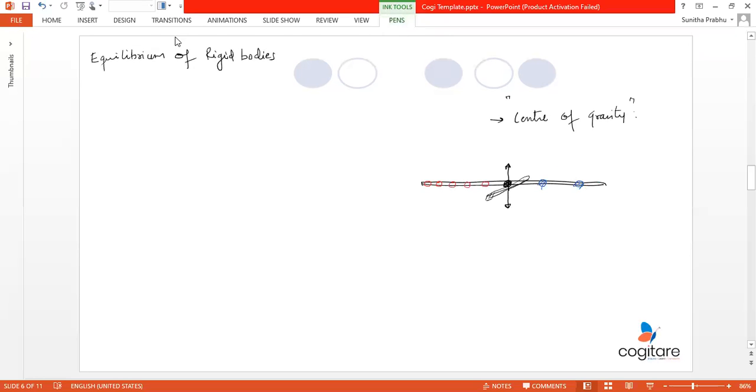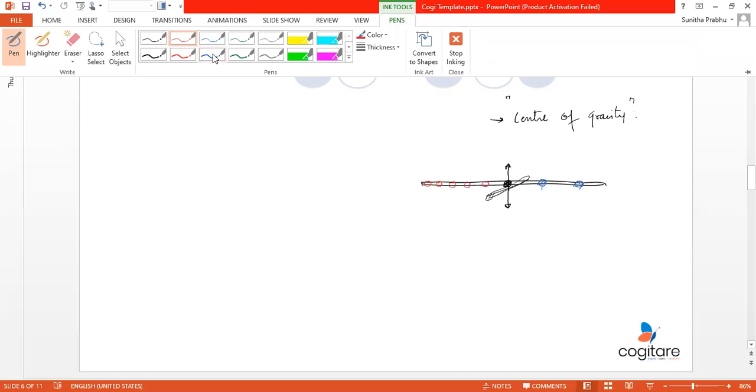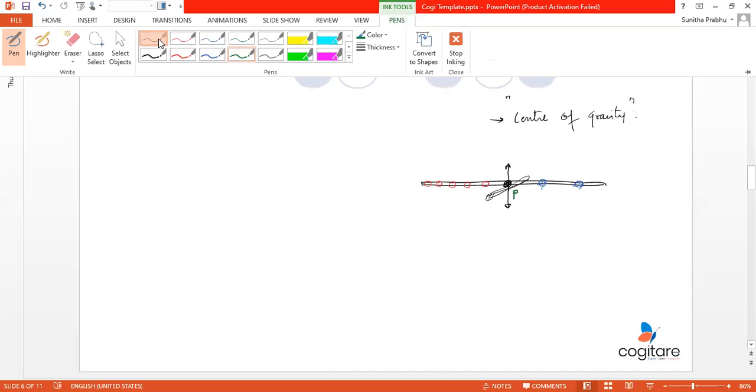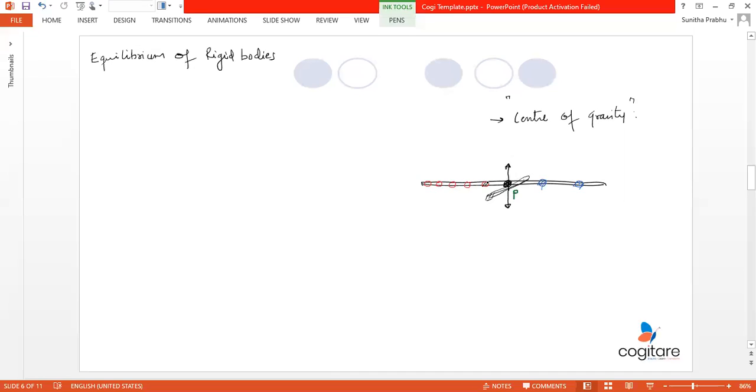Call this point P the center of gravity. The second definition is this. Take the turning moment. This mass has a weight, and weight means force. Are you okay with me so far?